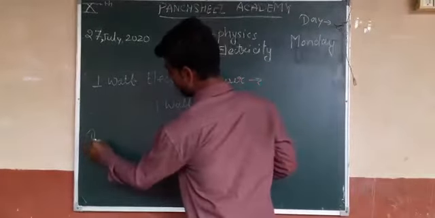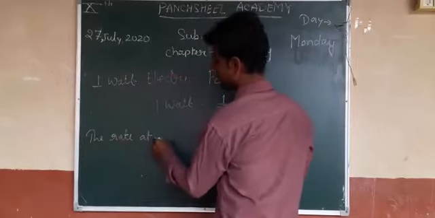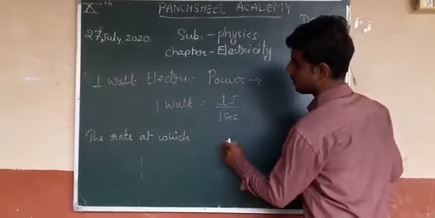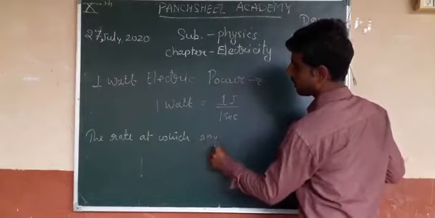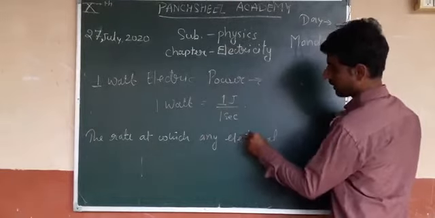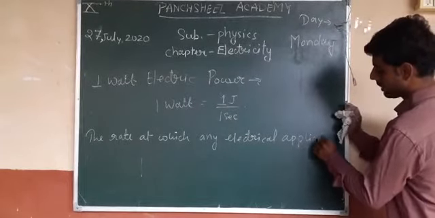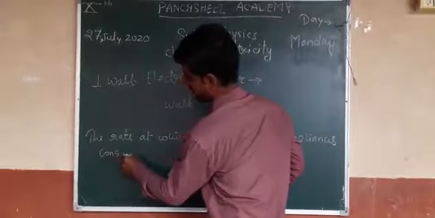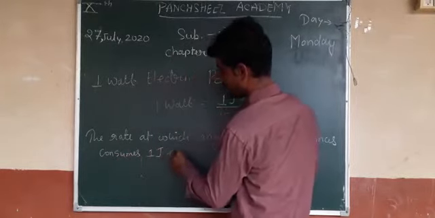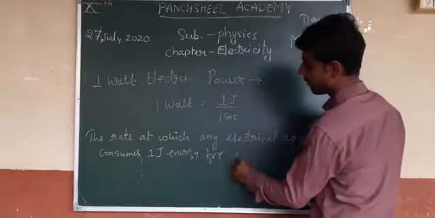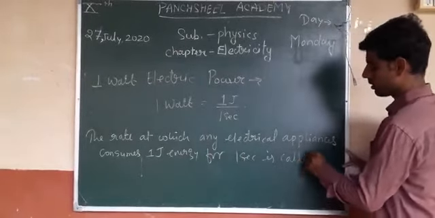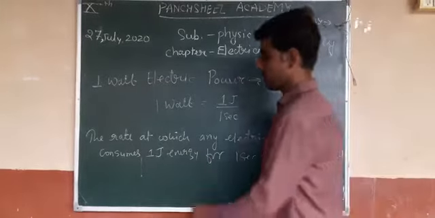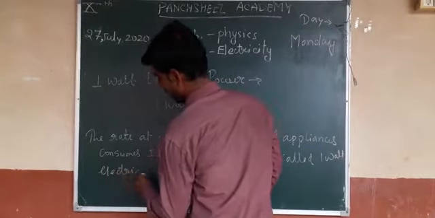So if you write the definition: the rate at which any electrical appliance consumes 1 joule of energy for 1 second is called 1 watt electric power.